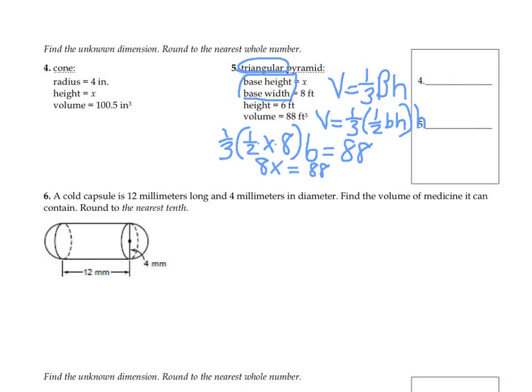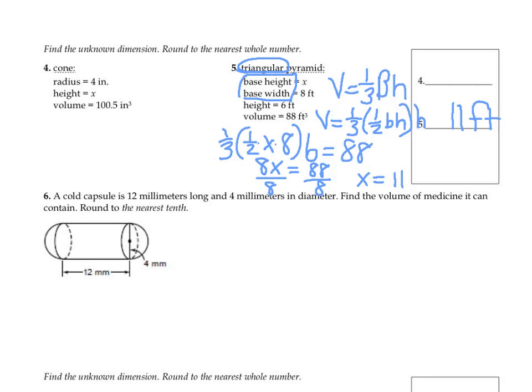That makes for a really easy equation to solve. I see that's multiplication, and the opposite of multiplying is to divide, so that just gives me x equals 11, and we're going to label that 11 feet, because I'm finding the height of a base, so that's a linear direction. It's just feet, not feet squared or feet cubed.